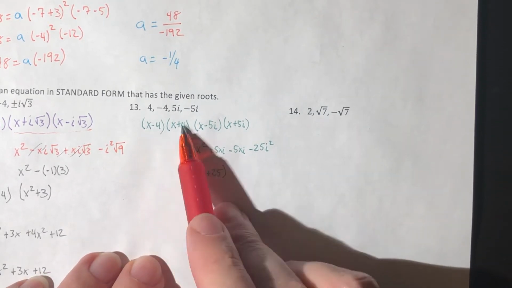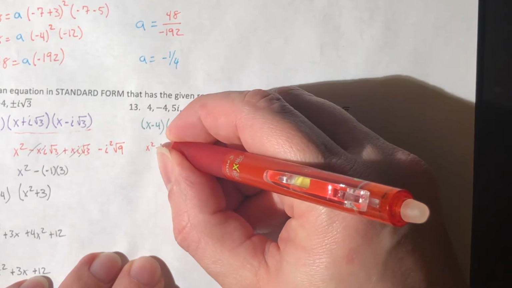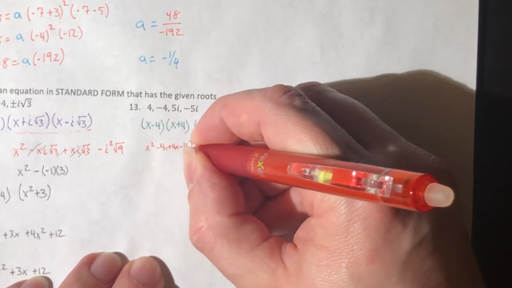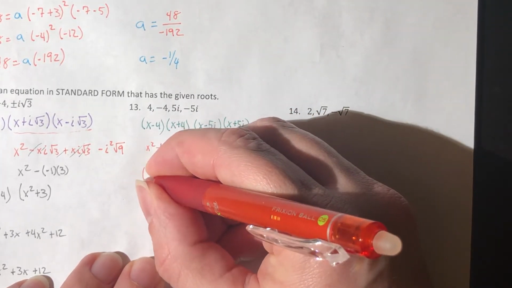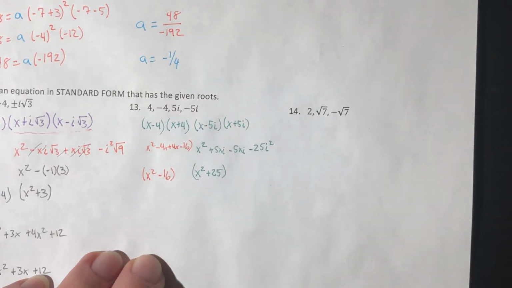FOIL these. x times x is x squared. Then I have minus 4x plus 4x minus 16. Those cancel. So what I've got is x squared minus 16.